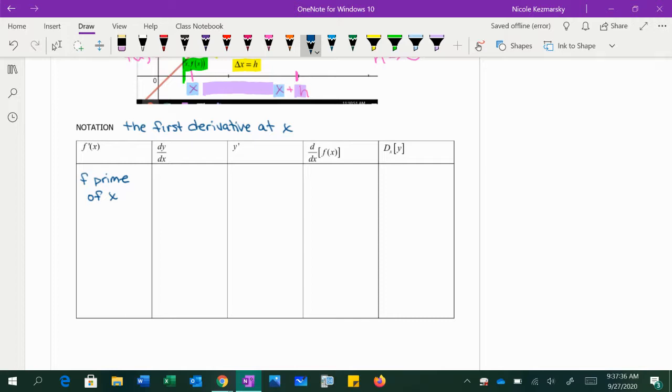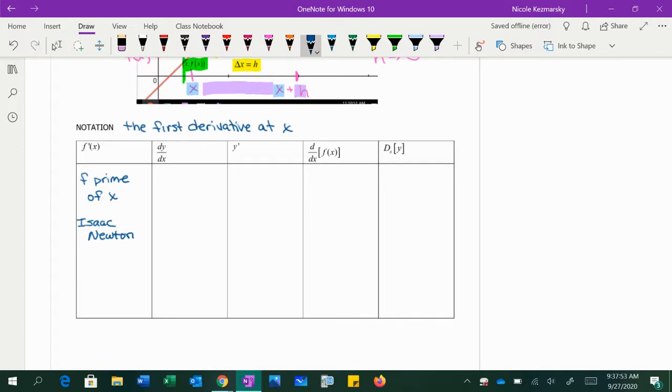And this notation was invented by Sir Isaac Newton, who approached this from a functional notation perspective.